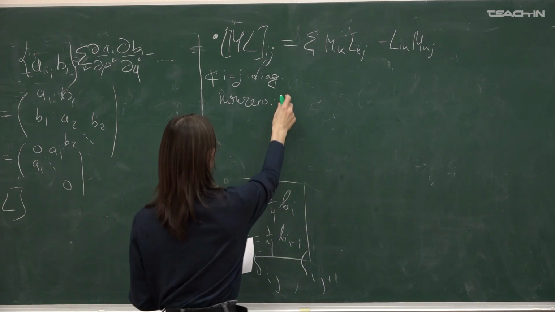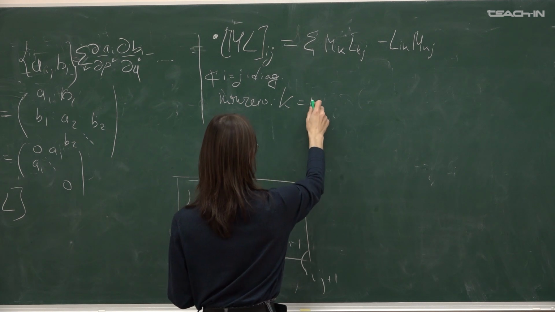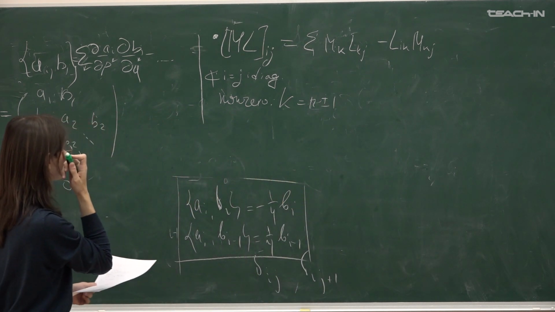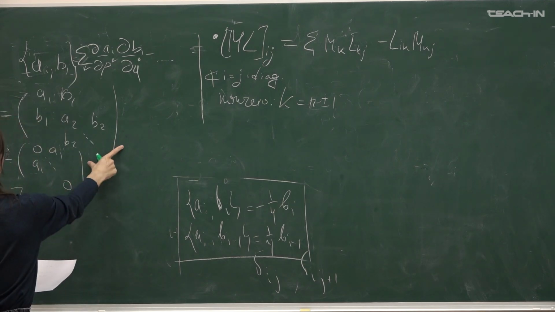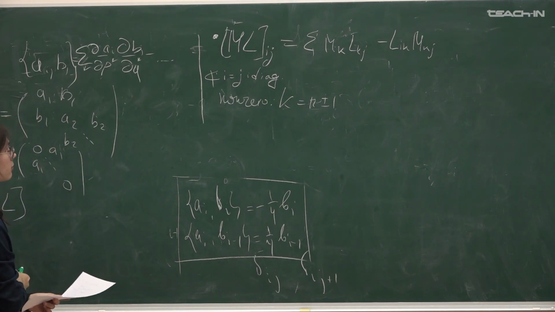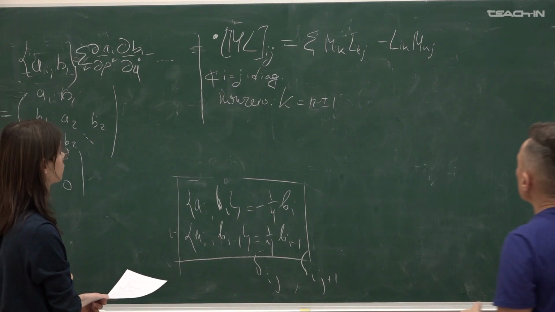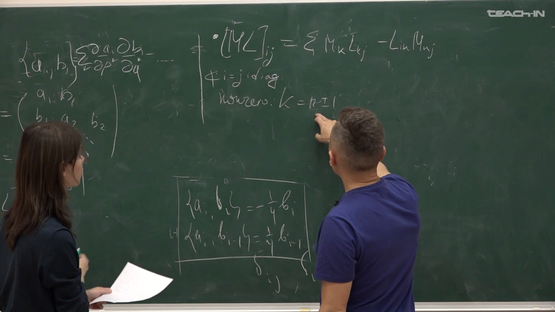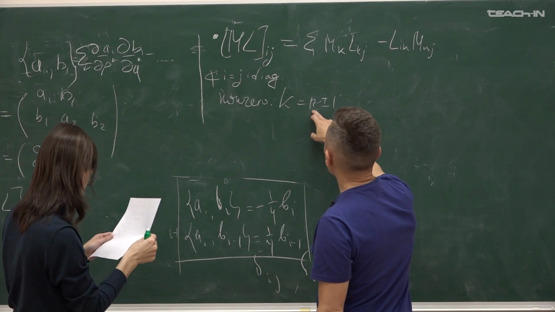Zero comes from... now we can see from the matrices. Non-zero K is on N place. Which is N?